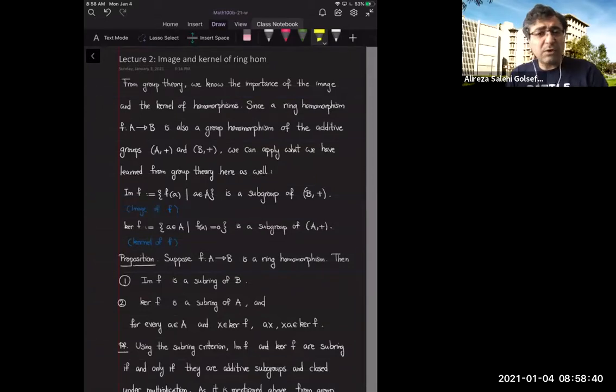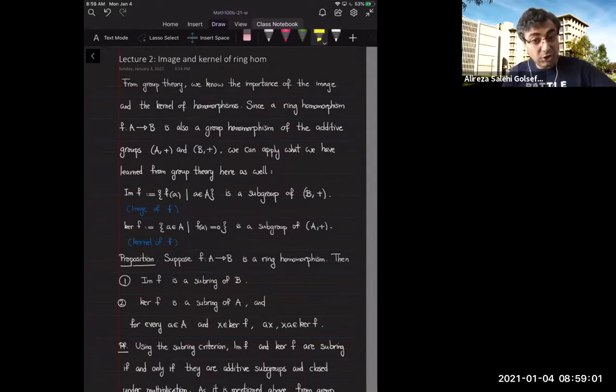Because here we will be working with additive groups, since at the end my interest is understanding ring homomorphisms, and rings with plus form an additive group, let's write everything in terms of additive groups.